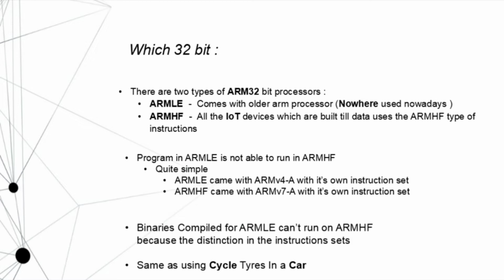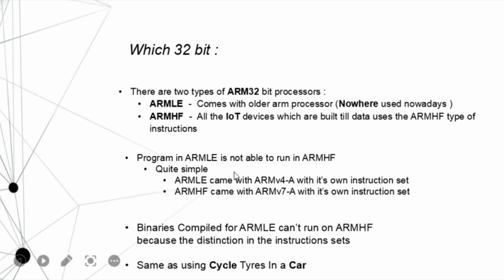Learning about the ARM hard float assembly will benefit you a lot, because all of the IoT devices use ARM version 7 processors which have ARM hard float assembly. A program in ARM legacy is not able to run on an ARM hard float processor. It is quite simple because of the distinction in the instruction sets of both of these processors.